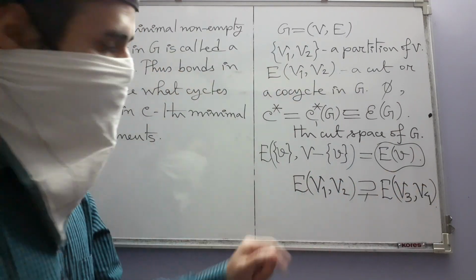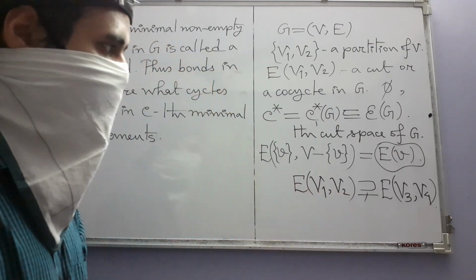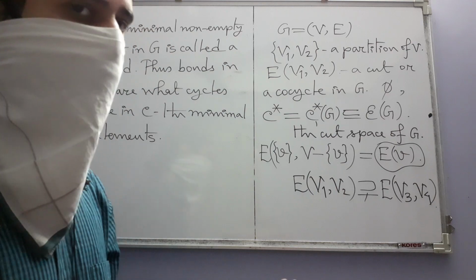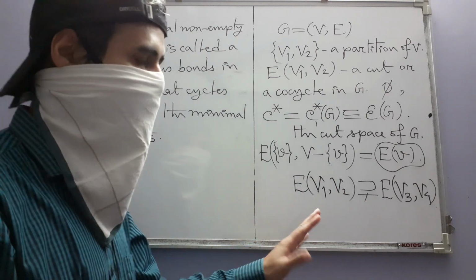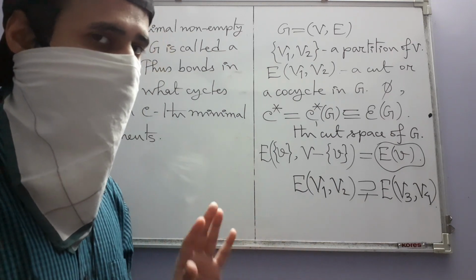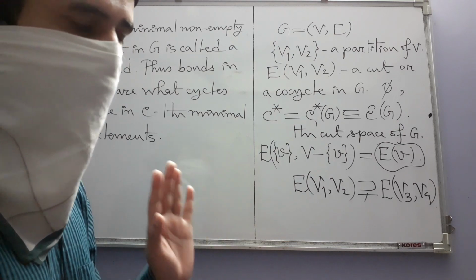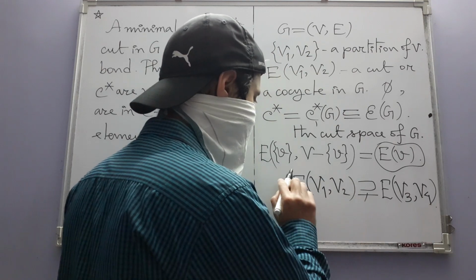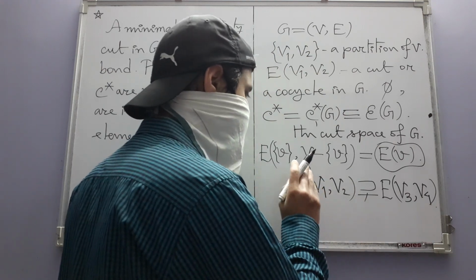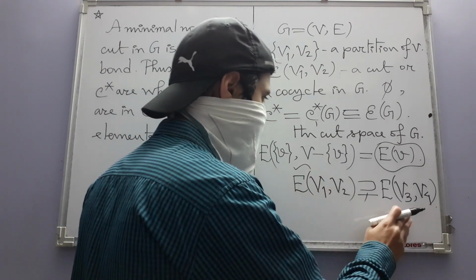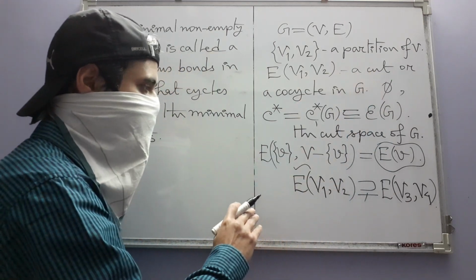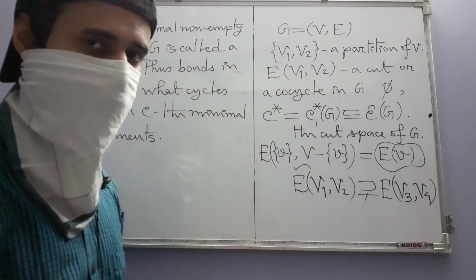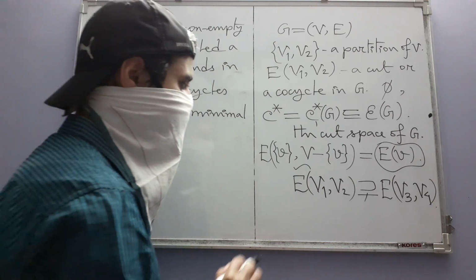This should not happen if this is minimal. That is, you will not get a proper subcut. Subcut I am saying, although I don't think there is anything called a subcut, but you can understand what I am trying to say here. The thing is that if this is minimal, then you should not get another cut in the same graph which is properly contained as a subset of this set of edges. Yeah, that's what minimality means.